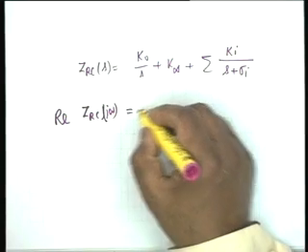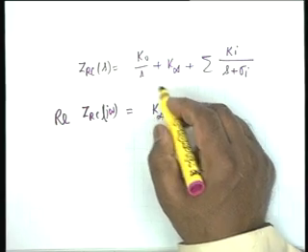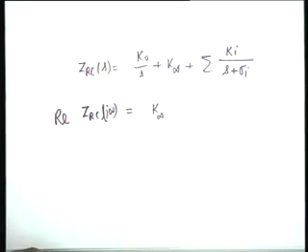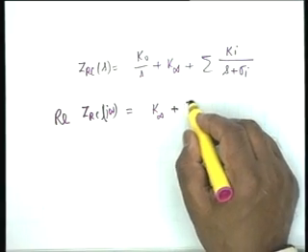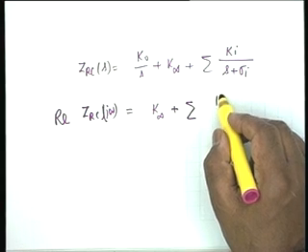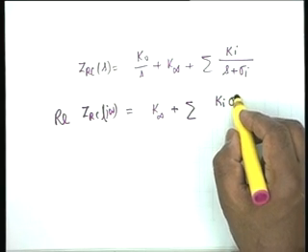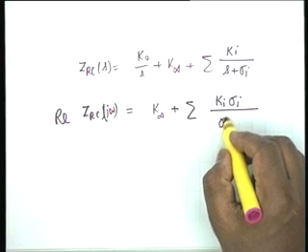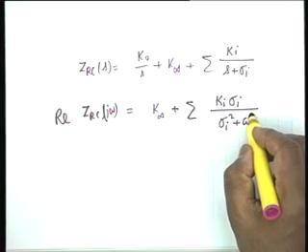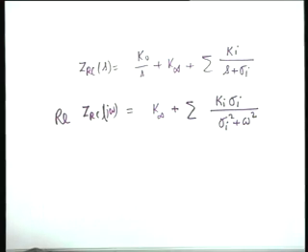can you tell me what this is? The k0 term will be purely imaginary. This is k infinity plus summation, what shall you get here? ki sigma i divided by sigma i squared plus omega squared. Agreed?